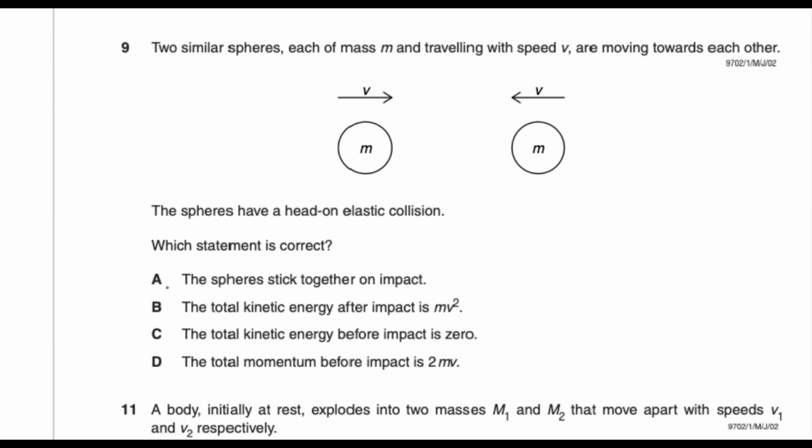The answer is C. Total kinetic energy before impact is 0. It cannot be, because you see 1/2 mv square plus 1/2 m negative v square cannot be 0. It's mv square.